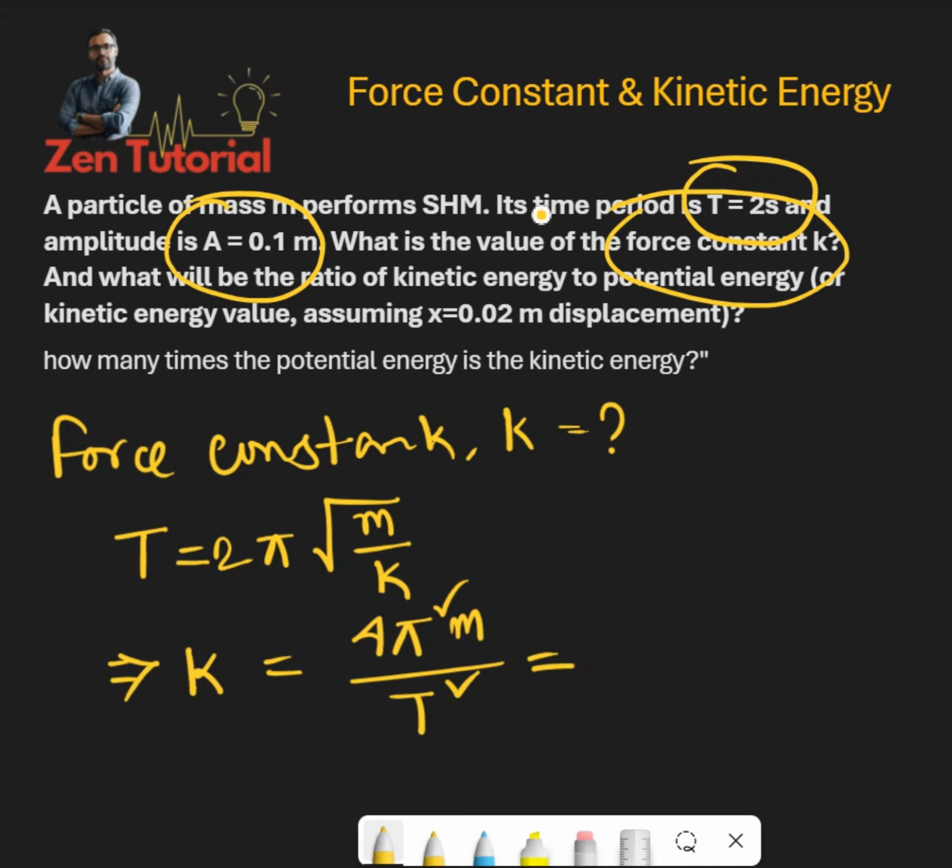Now plug in all the values given in the equation. So this will be 4 pi square, the value of m needs to be plugged in here, and the time T is equal to 2 seconds, whole square.